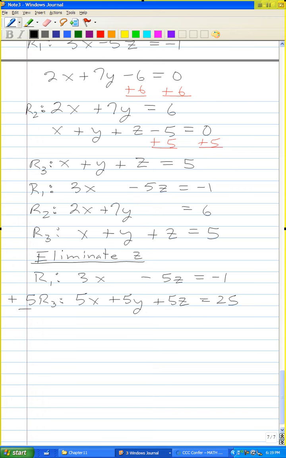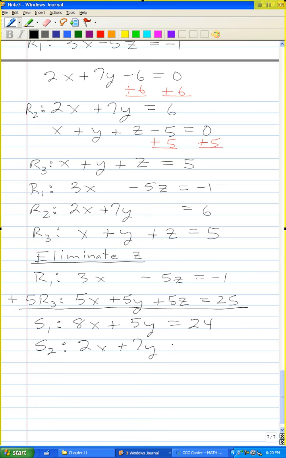If I add, then I get 8x plus 5y, z's cancel, equals 24. So let's call that S1. And R2, I'll call that S2. 2x plus 7y equals 6.